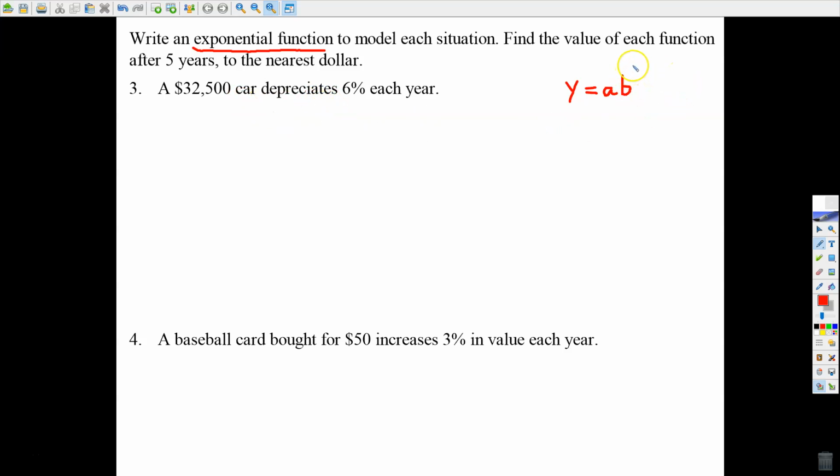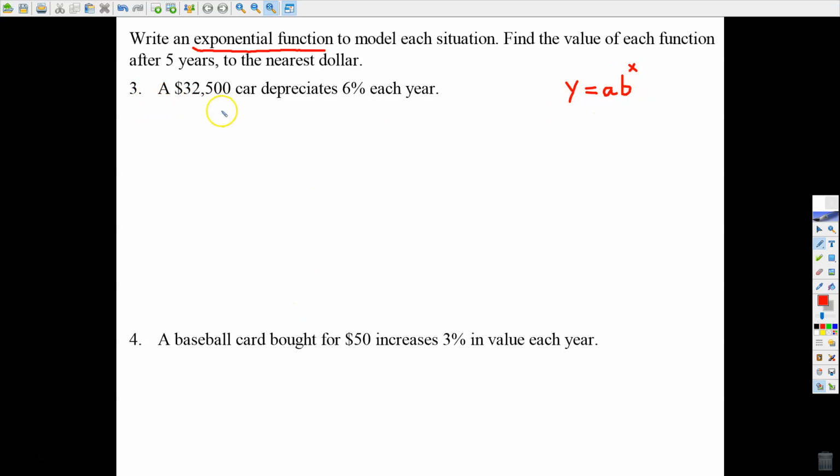And then B will be raised to the x power, which represents an amount of time that has passed. So from this initial value, a certain amount of time has passed, and that value has either gone up or gone down. We either have growth or decay. So with that in mind, both of these problems will start like this.